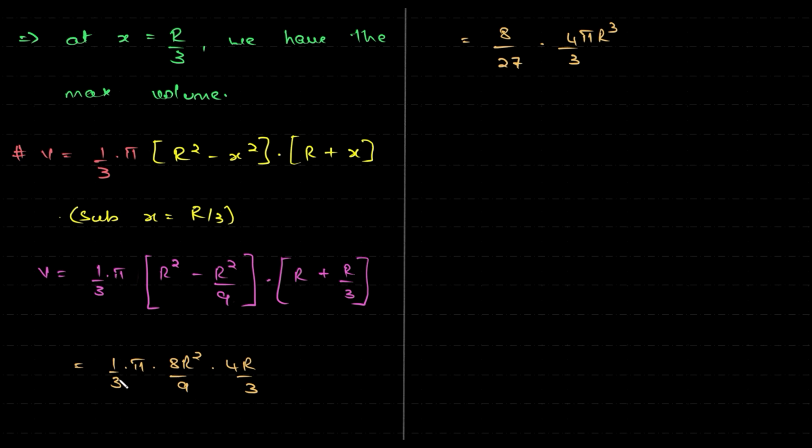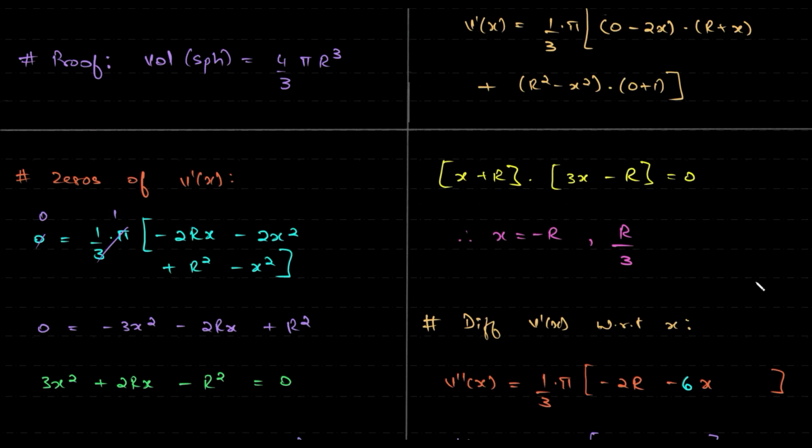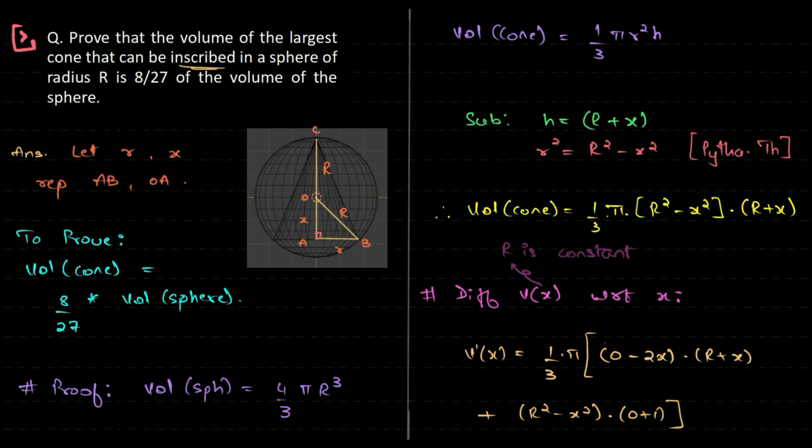So I kept 1 by 3 pi and r cube, 4r cube together. What is this? Yes, this is nothing but your volume of the sphere, and this is that other entity. So therefore the volume of the cone will be equal to 8 by 27 times the volume of the sphere. Hence proved. Okay, yes. So this is your answer.